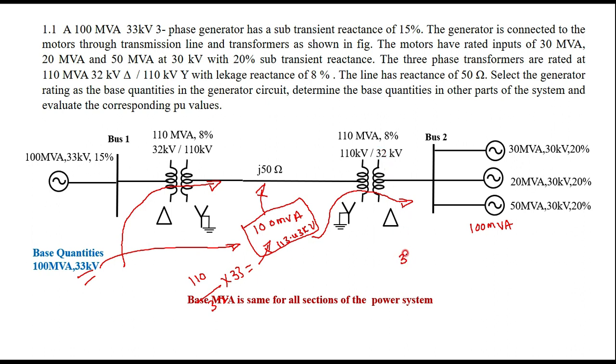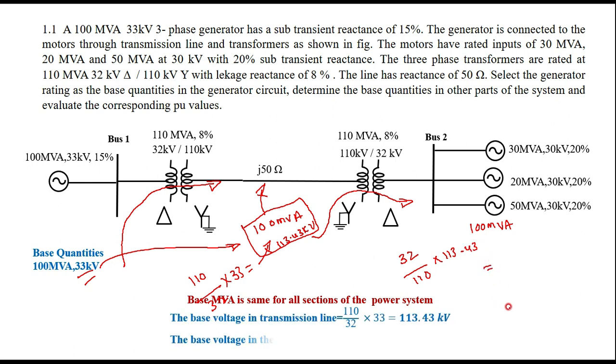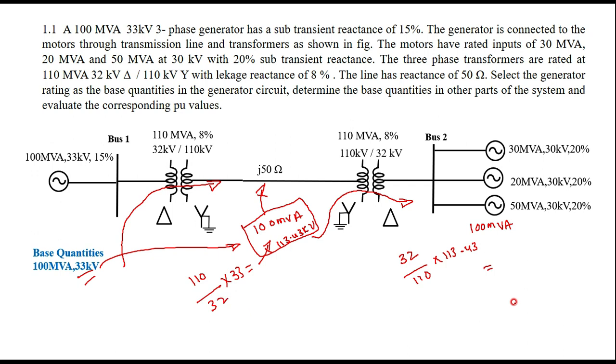Therefore, it should be 32 divided by 110 multiplied by 113.43. In this case, you are getting the voltage of 33 kilovolts, which means here you are getting a base value of 33 kilovolts.